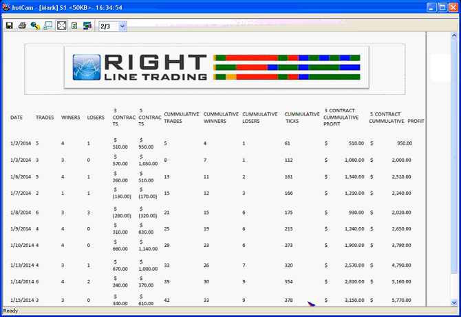Today in the trading room was one of the most difficult days we had this month. I started with 2 full losers. As I mentioned, we only had 1 loser all month, and I had 2 losers. And then I had 4 winners in a row, plus 14 ticks, plus 14 ticks, plus 13 ticks, and plus 10 ticks, and drove the net equity today on 3 contracts up to minus $40, and on 5 contracts up to plus $200.